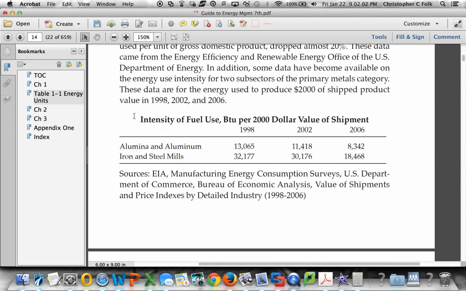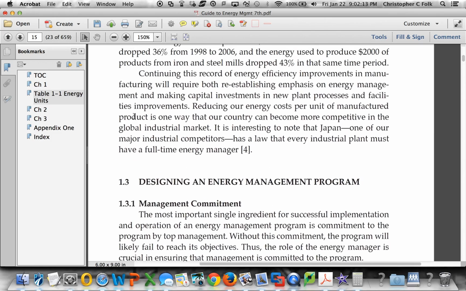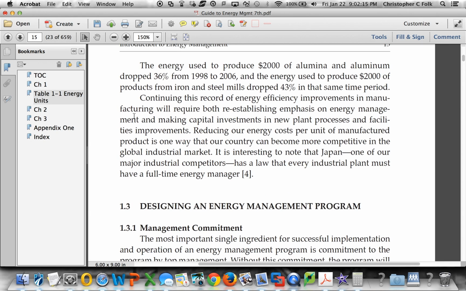So it shows just how much this fuel use has gone down. On the next page, it shows even more because it actually gives us the numbers, and those numbers are anywhere from 36 to 43%. So as energy managers, we need to understand how to read, how to understand, and even how to design some of these data tools.